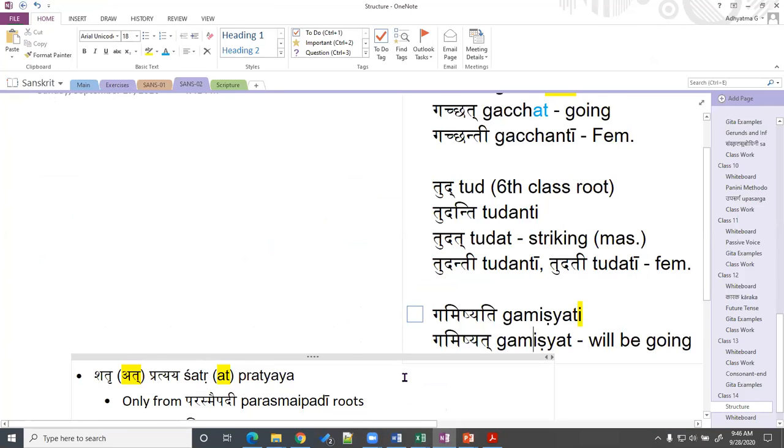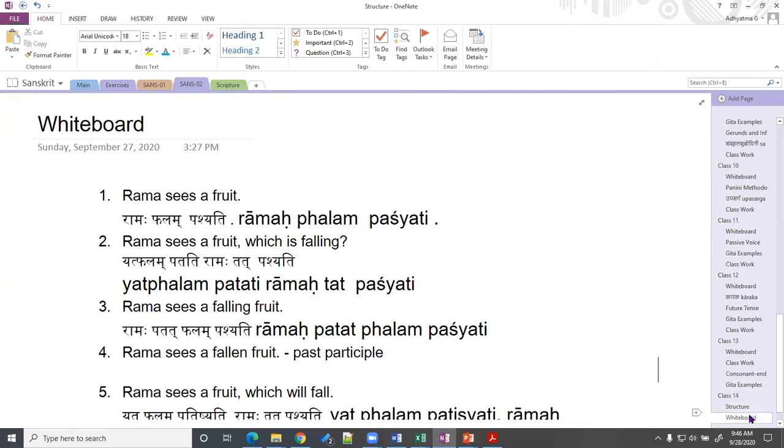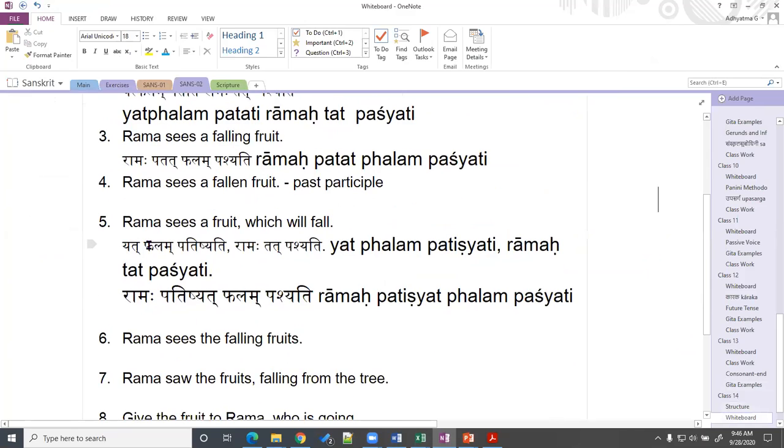So Rama sees a fruit which will fall: Rama patishyat phalam pashyati. Even though you see this verb here, this is one Sanskrit sentence. Earlier it was two Sanskrit sentences, with two verb forms, patishyati and pashyati.